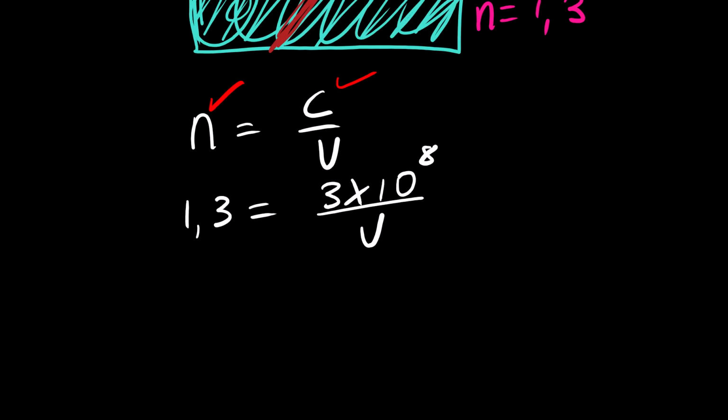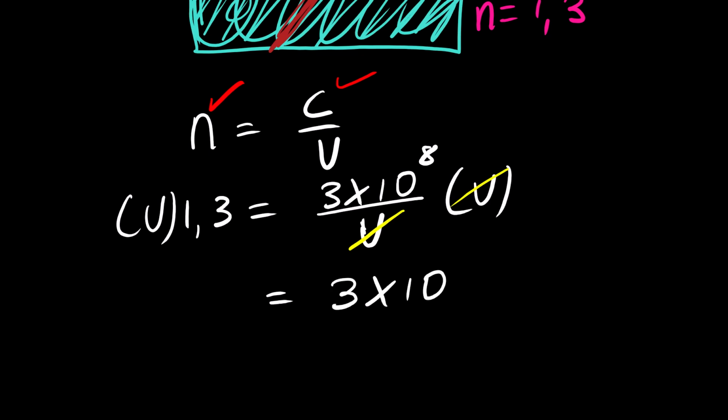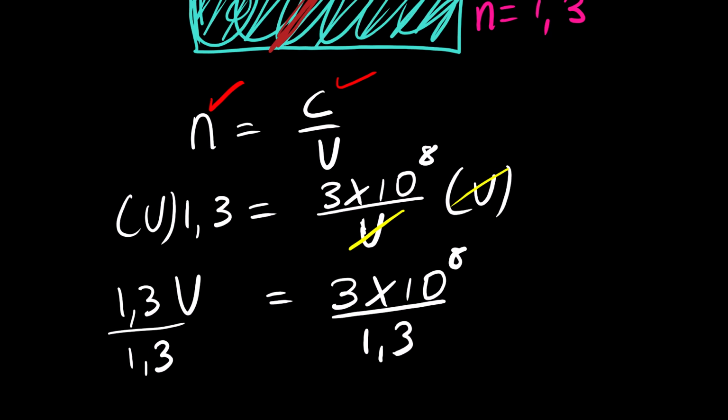Like the previous question, we are solving for v, so the term which is causing the fraction, we multiply both sides. This will result in 1 multiplied by 3 times 10 to the power 8, which is 3 times 10 to the power 8, and then we have 1.3 v. We divide both sides by 1.3. This will result in 1 multiplied by v.